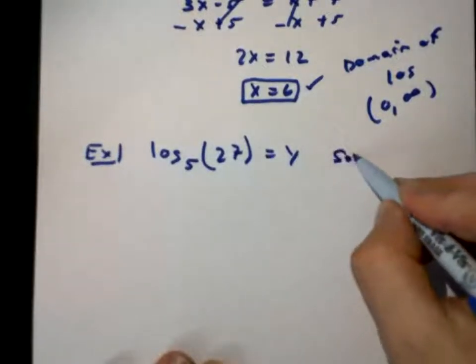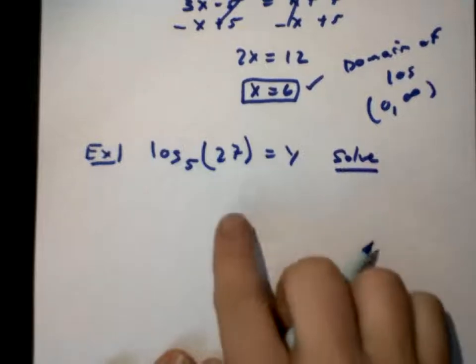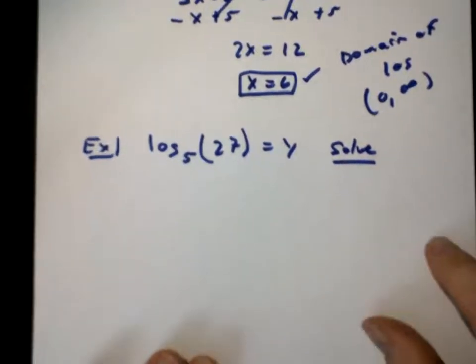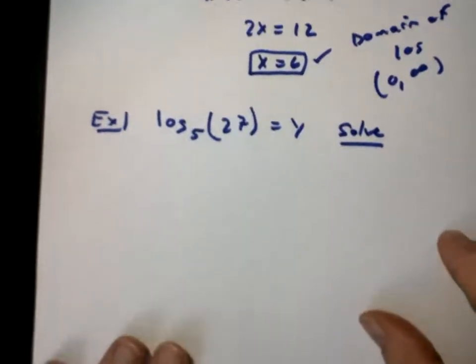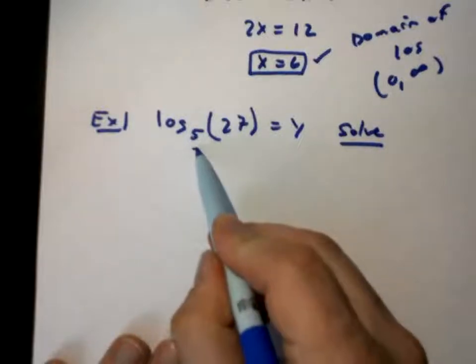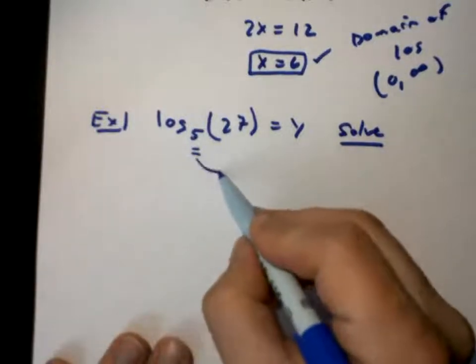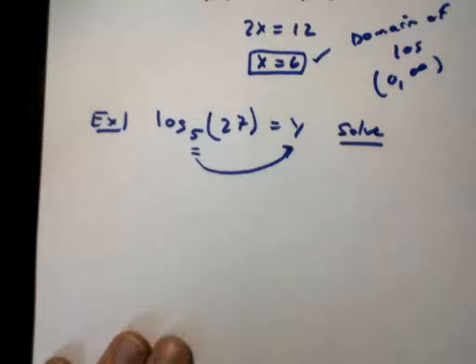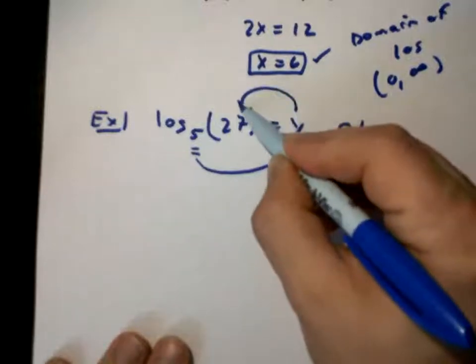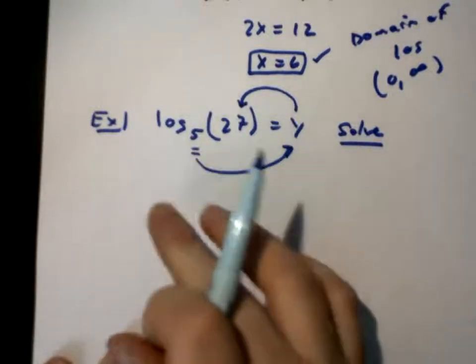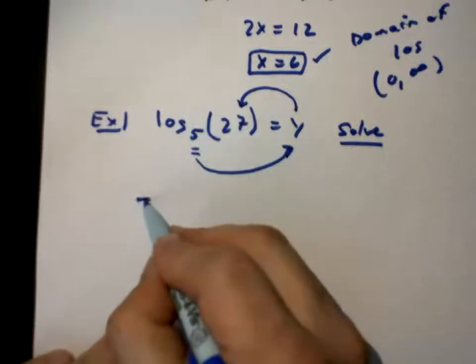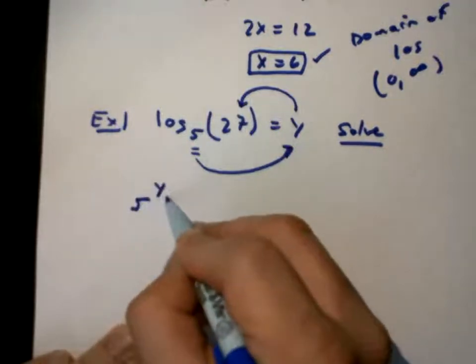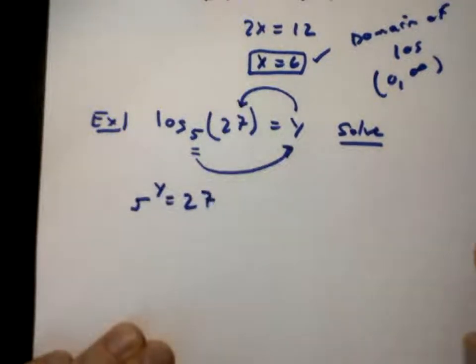So we're still going to solve, but we can actually just do a simple conversion. Convert to exponential. So remember, here's our base. So it's going to be 5 to the y equal to 27. Kind of do this little loop. So this is 5 to the y equals 27.